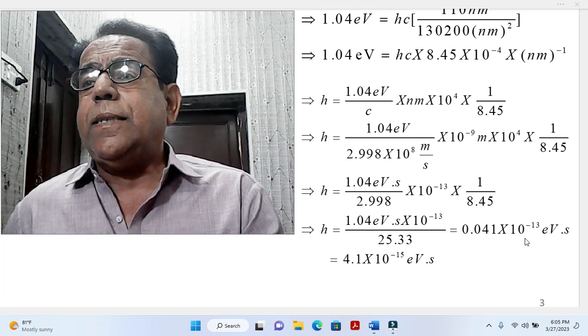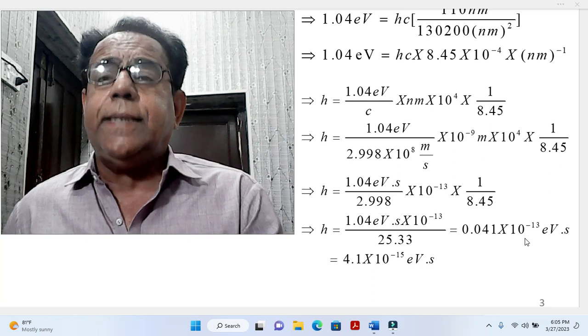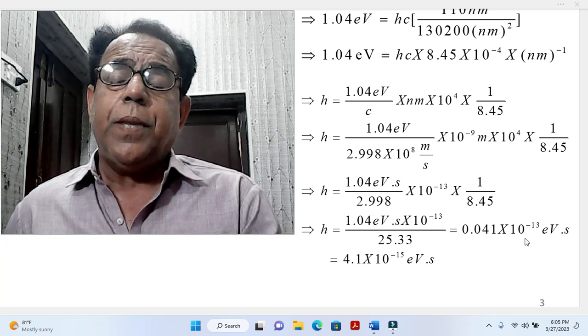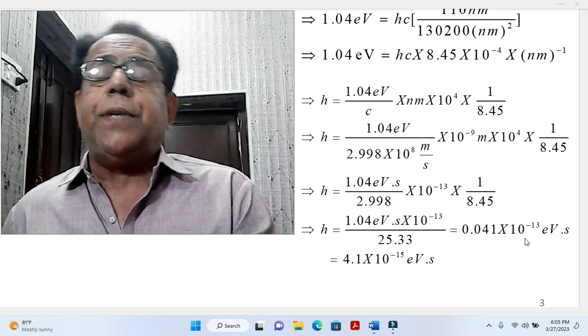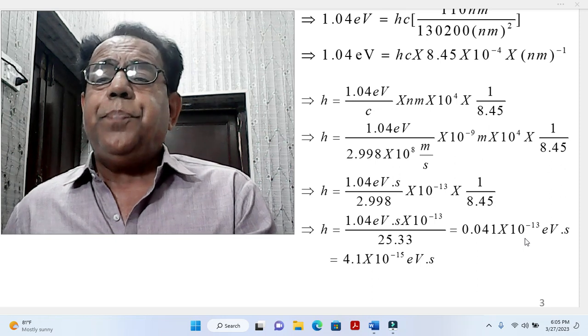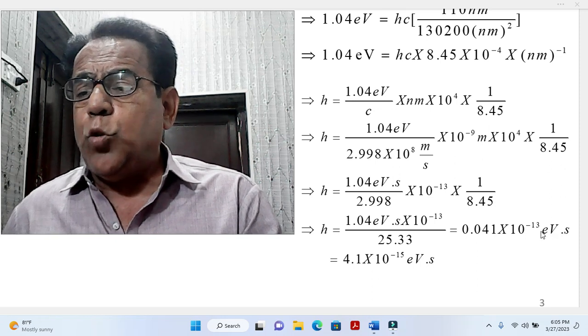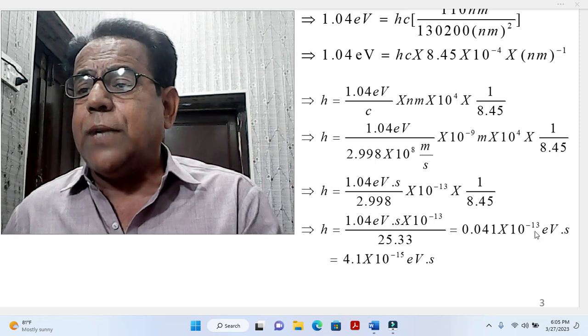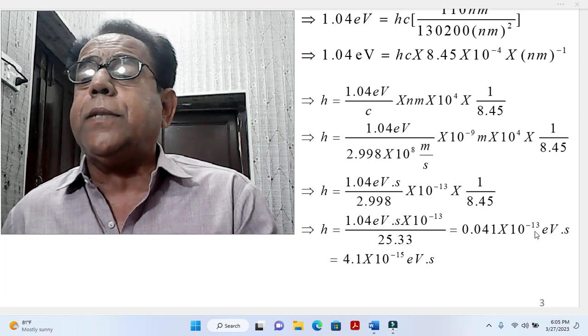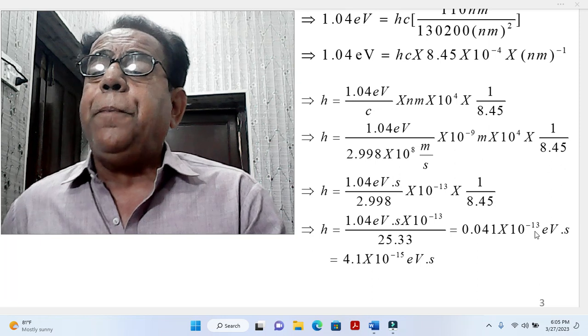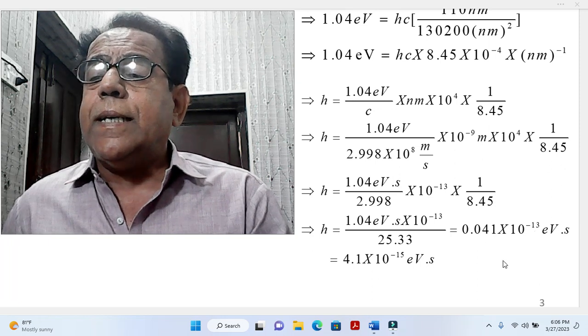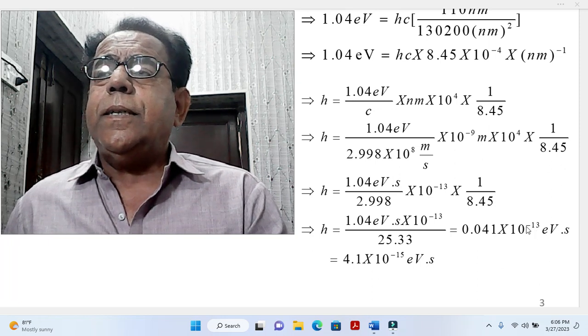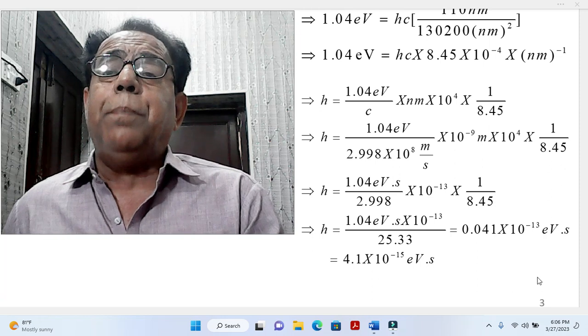The powers more suitable for us are 10 to power minus 12 or 10 to power minus 15. So in place of 10 to power minus 13 we will convert it into 10 to power minus 15, so that it may fall under the term femto.